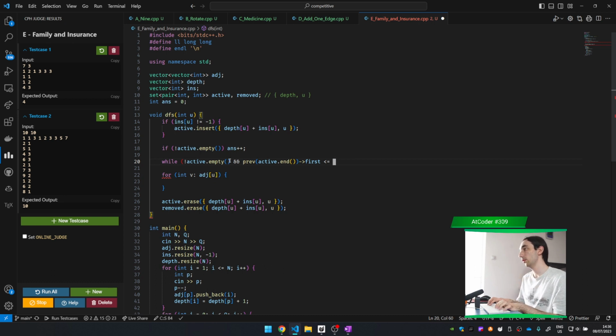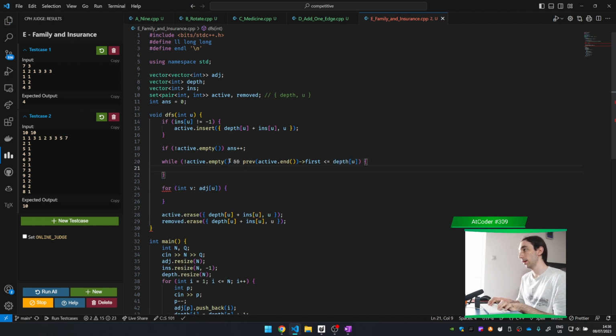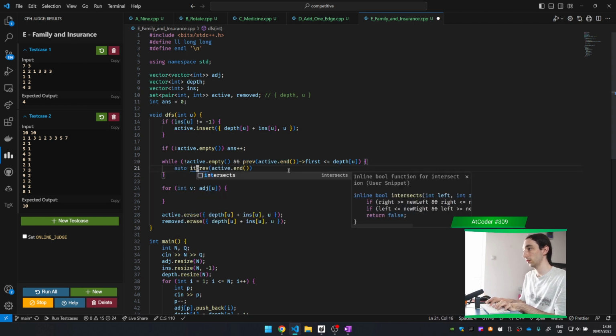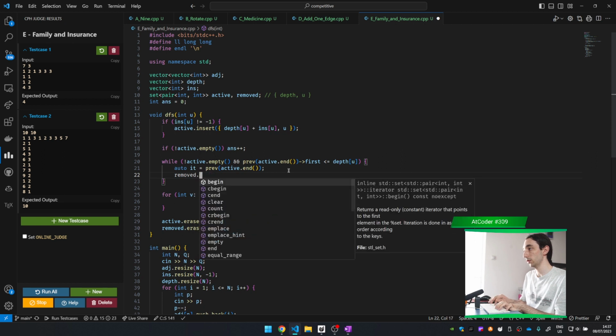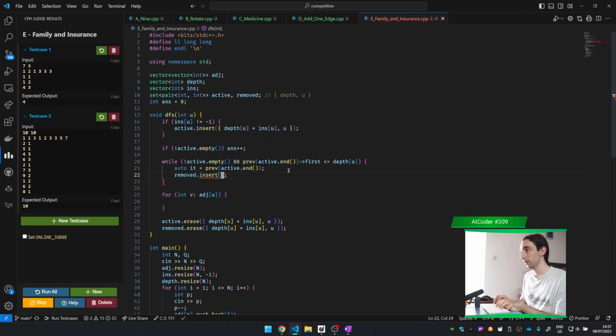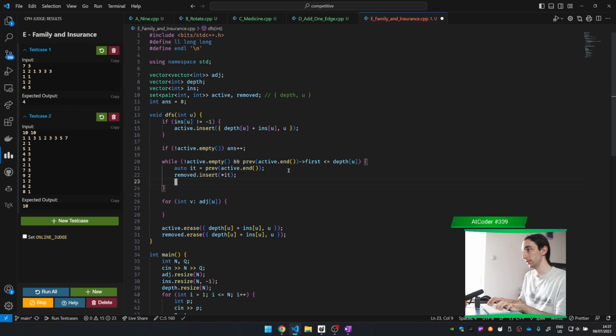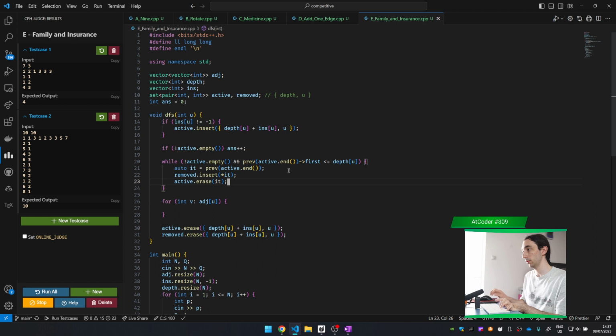Yeah, smaller or equal to the depth of u. This guy here has to be added to the removed section. I'm sorry guys. Also from active it has to be erased.